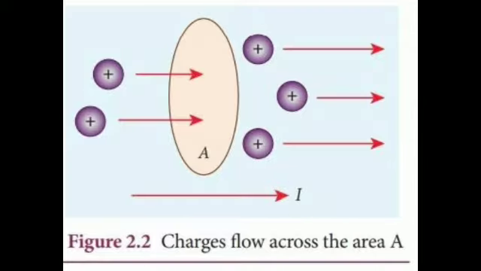The electric current in a conductor is defined as the rate of flow of charges through a given cross-sectional area A. If a net charge Q passes through any cross-section of a conductor in time t, then the current is defined as I = Q/t.